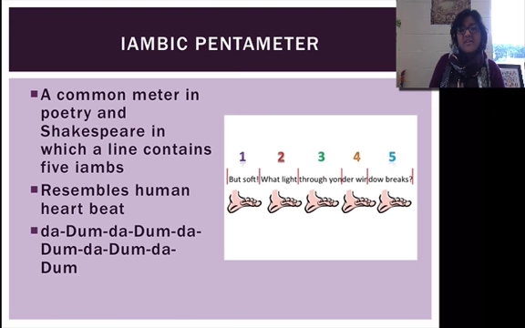But soft, what light through yonder window breaks? That's a very famous line from the play, and that follows iambic pentameter. When you're reading, try to follow this da-dum, da-dum, da-dum, da-dum, da-dum rhythmic way of speaking, and then you'll catch on to this iambic pentameter that's happening within all of the lines.